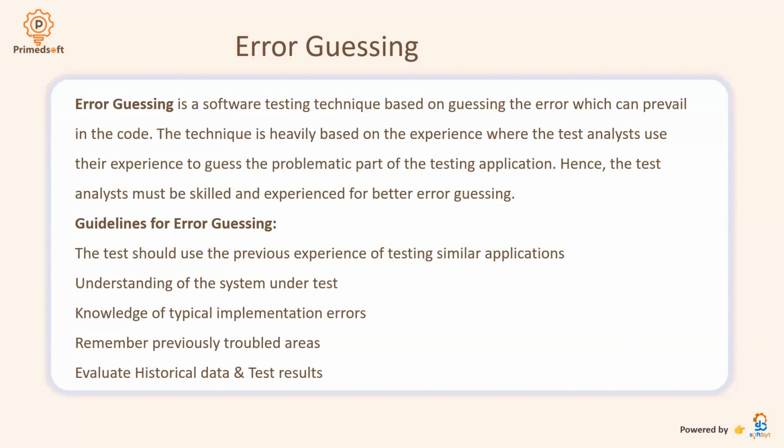So what this technique does, just as the name implies, is you guess where the defects could be, right? So most often you'll say, okay, I think we usually have issues around login functionality, right? You go to login functionality and you test it, right?